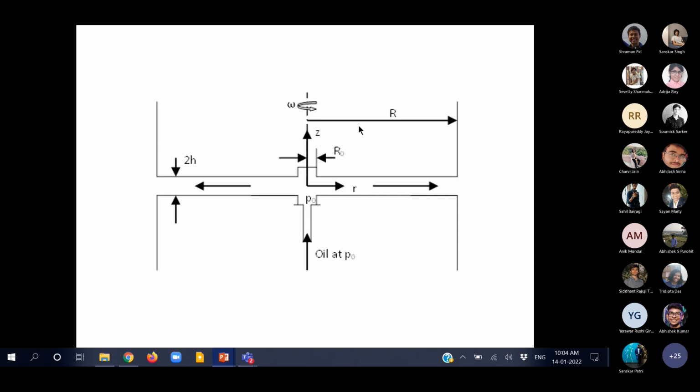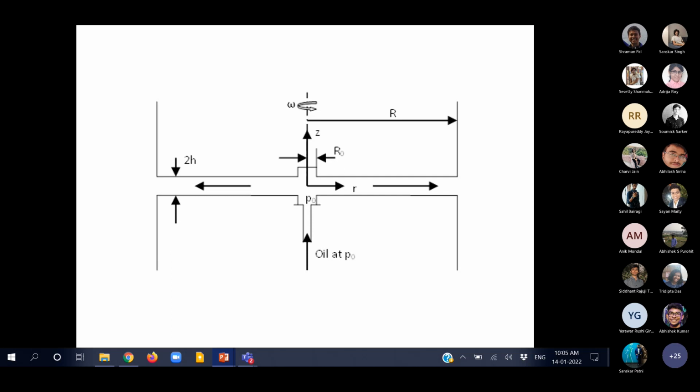The dimensions are provided, and of course this is open to atmosphere, so you know the pressure over here, and the pressure at the entry point can be assumed to equal P naught. Is the statement of the problem clear to all of you, or is there anything that you would like me to explain once again?